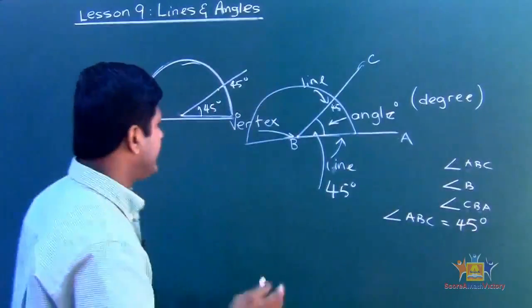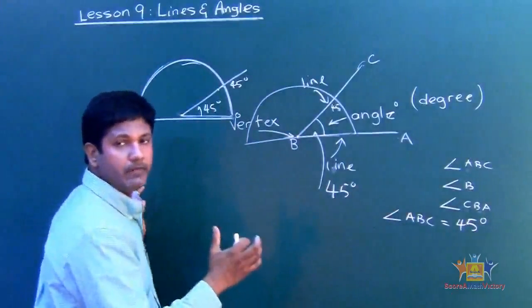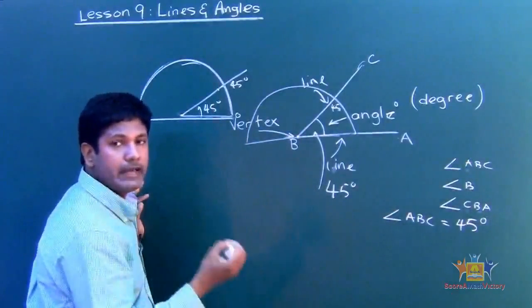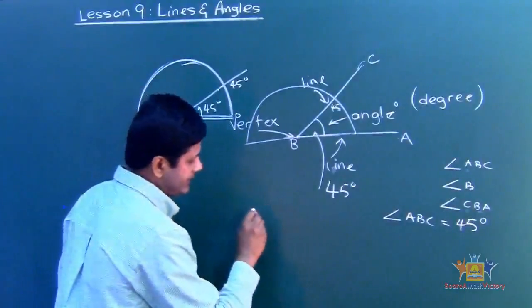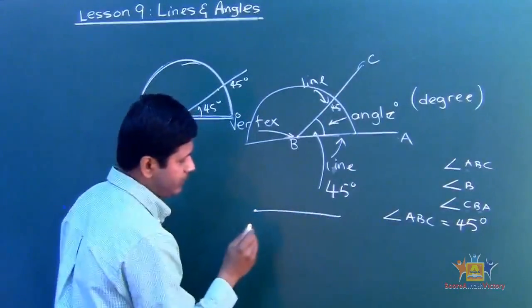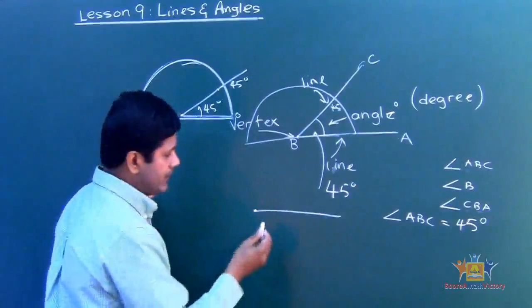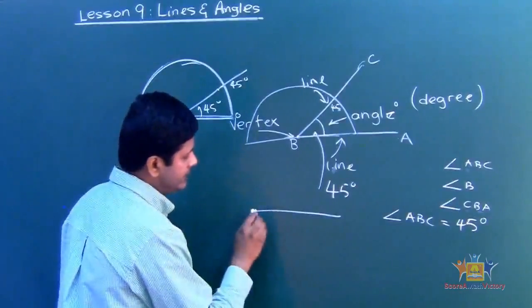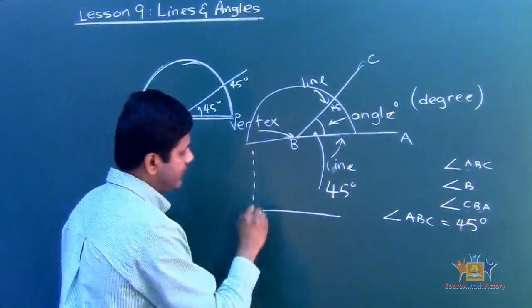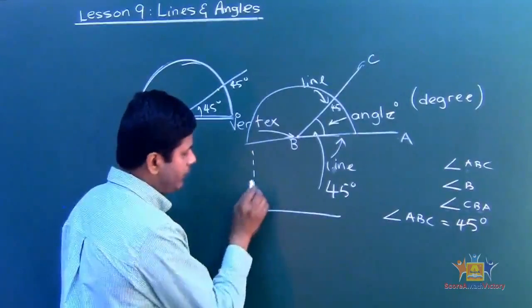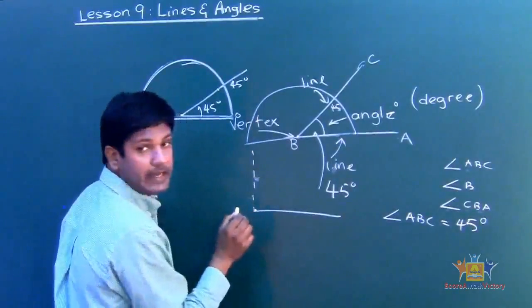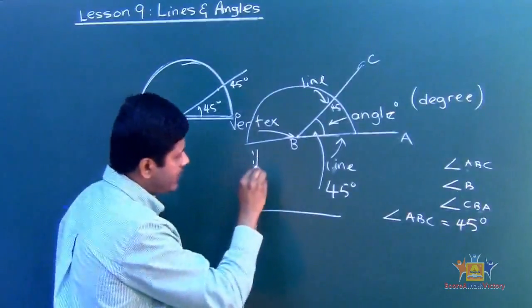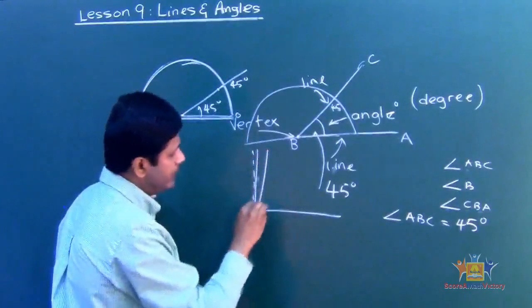Alright, now let's say, for example, there are several types of angle that we got to name. For example, let's say this is the vertex or the center point, and this is the starting line. If the second line, let's say this is the 90 degrees, okay? And if it falls below the 90 degrees, the line falls right below, or something like this, or like that, or like that.